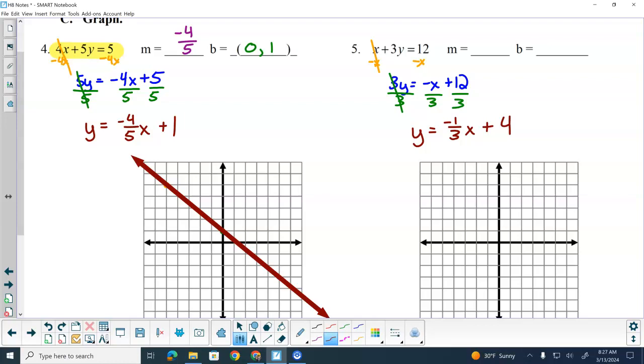Sure, what 1/3? Negative 1/3. Negative 1/3 would be my slope. Yep. Which is different, right? Because it's different directions. So it does make a difference there. What's my y-intercept? 0, 4. Yeah, good job.